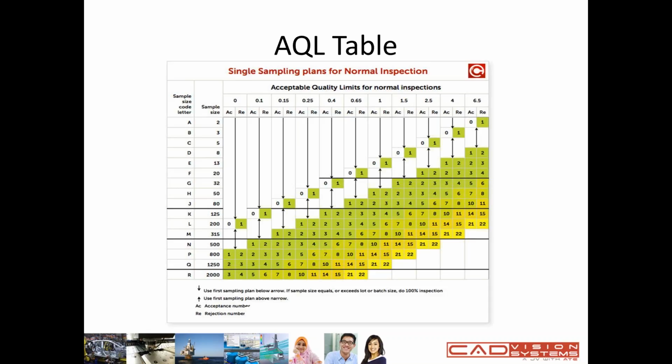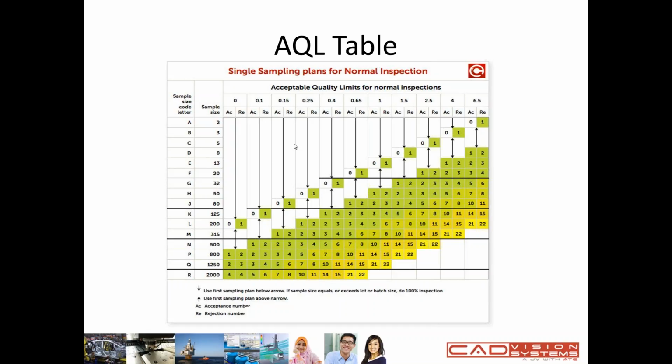It means you can only have one major defect. You cannot have more than one. If you have two major defects, you have to reject the whole batch as well.